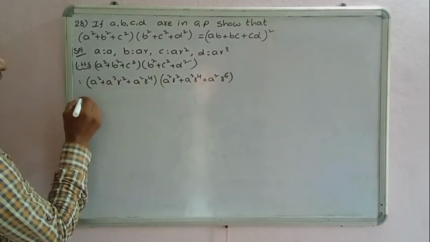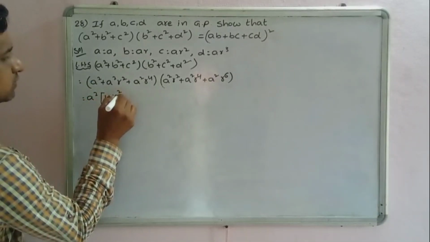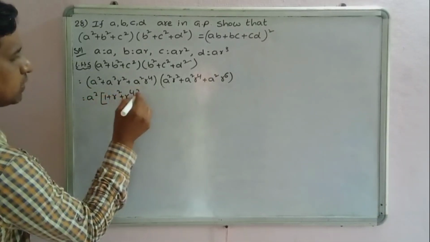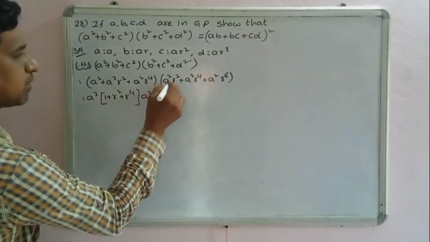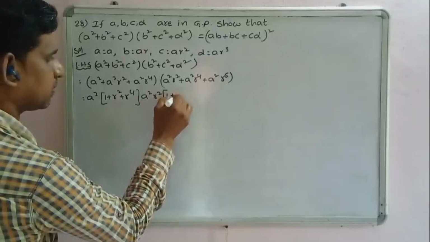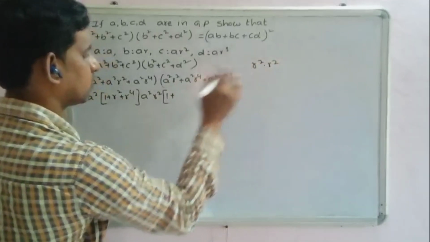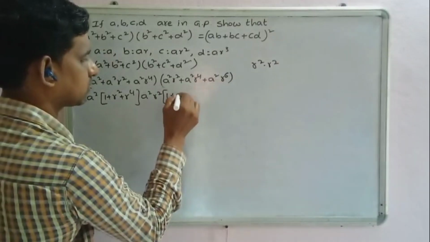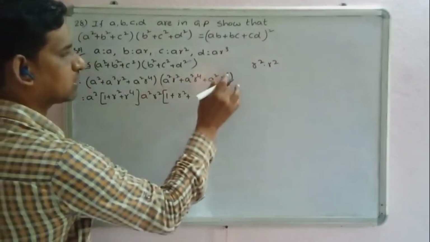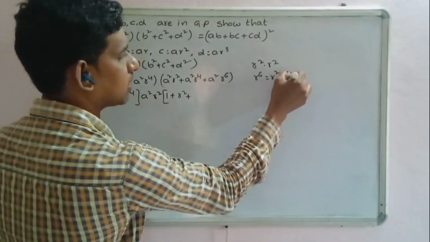Here a square is the common term. So take a square: 1 plus r square plus r power 4. Here r square is also common. So a square, and 1 plus r square plus r power 4. r power 4 is nothing but r square times r square. So r square is common, still one more r square is there. Plus a square is common; r power 6 is nothing but r square times r power 4.